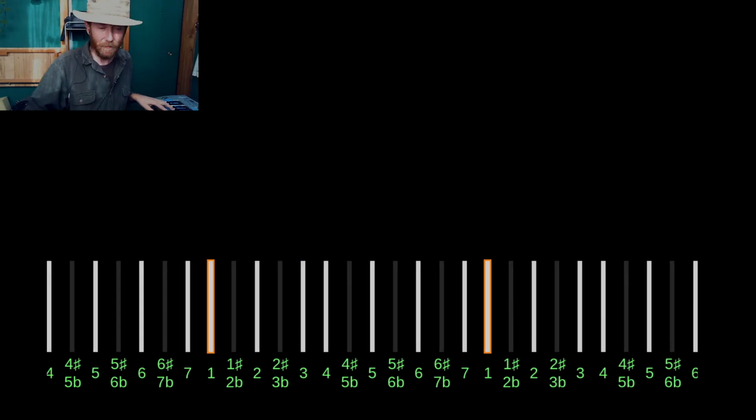I'm going to take this 3 note that's right here in the middle of the chord and reflect it up an octave. You'll remember that notes an octave apart from each other are basically the same note. So I'm going to play this note up here. Instead of the 3 down here, we'll do the 3 up here.